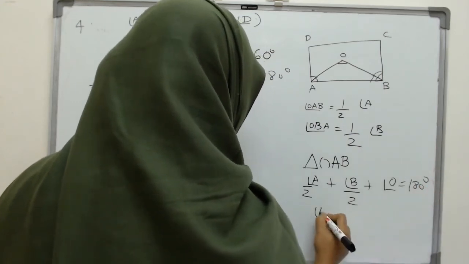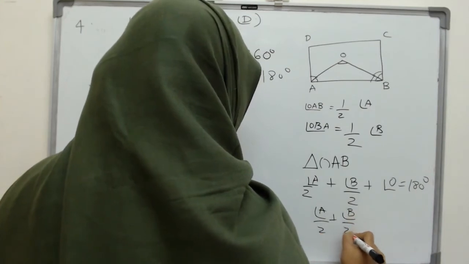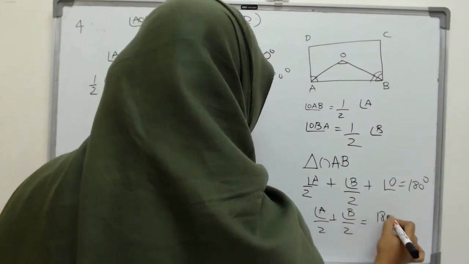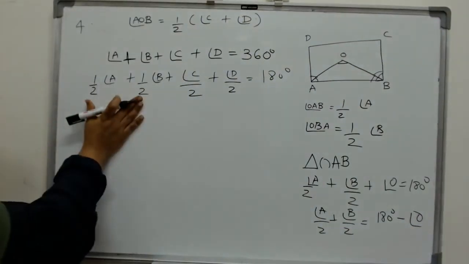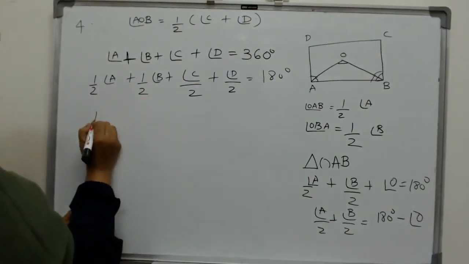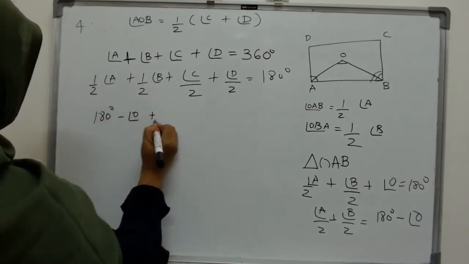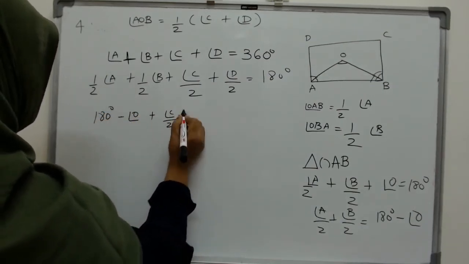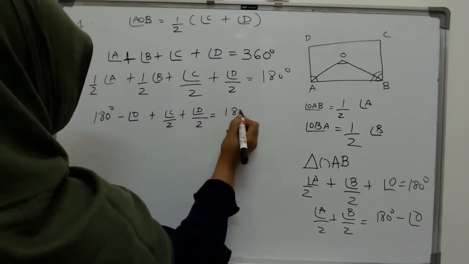That means half of angle A plus half of angle B should give you 180 degrees minus angle O. So, but then we can substitute it here, right? So, 180 degrees minus angle O plus half C plus half D is equal to 180 degrees.